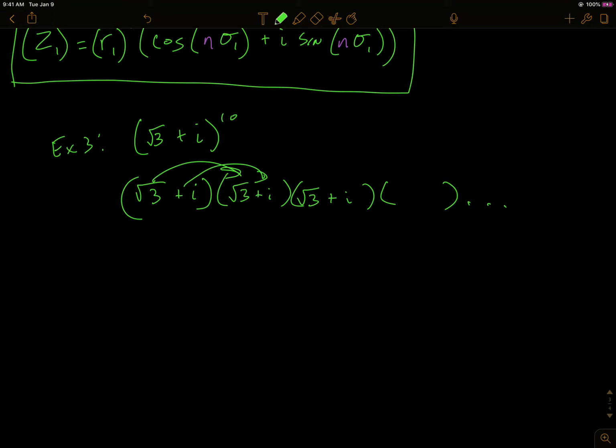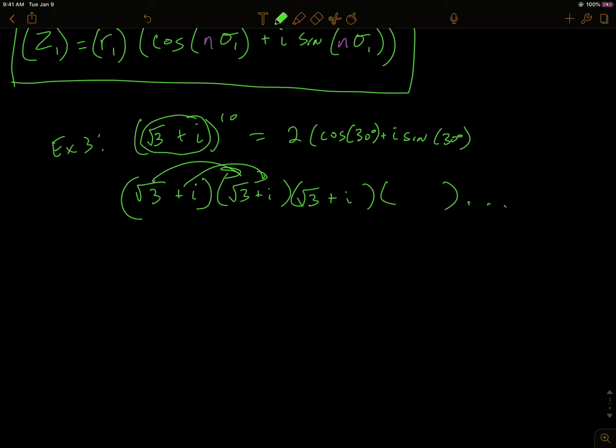So the easier route here is to convert this into polar form. I'm not going to do it in the video. You can pause the video and convert this number into polar form. Okay, welcome back. You should have gotten 2 times cosine of 30 degrees plus i sine of 30 degrees.